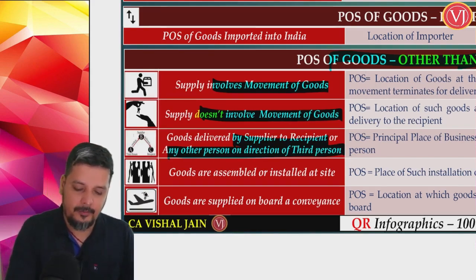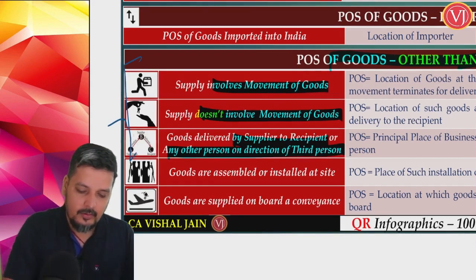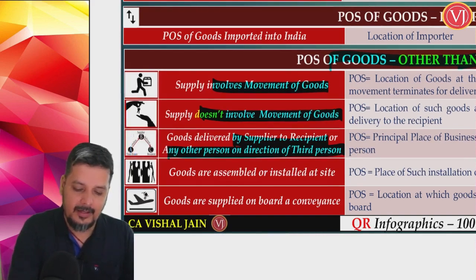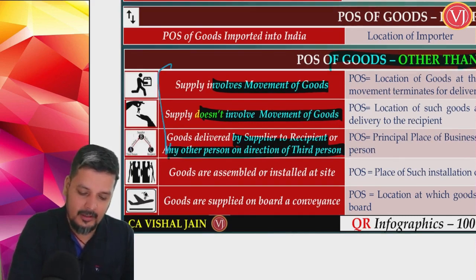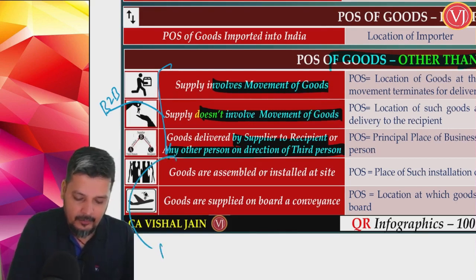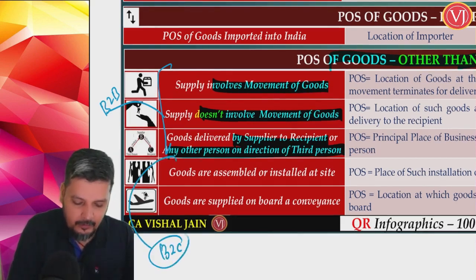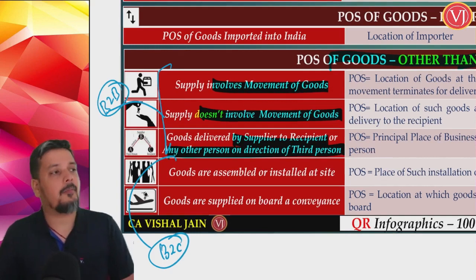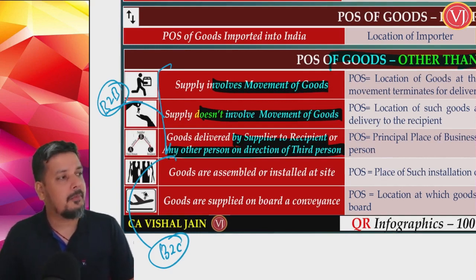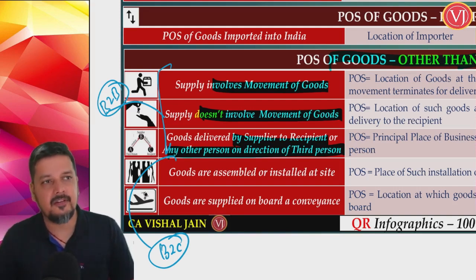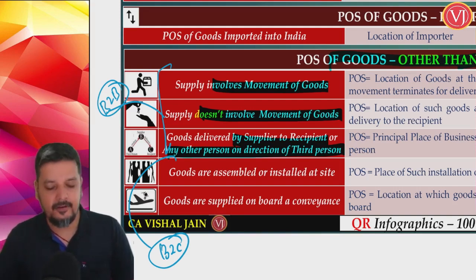This is all with respect to B2B transactions. Then there is one more point here for B2C transaction, the fourth case. 3 cases for B2B, 1 case for B2C. B2B means recipient is registered, B2C means recipient is unregistered.